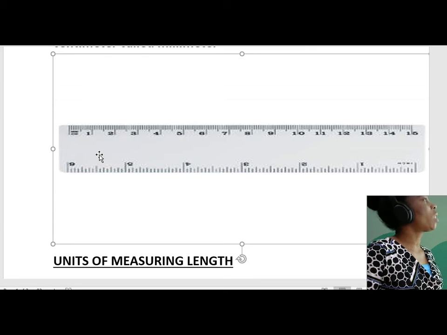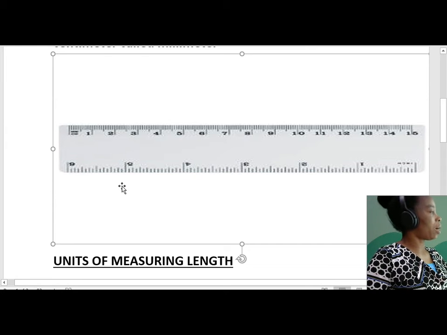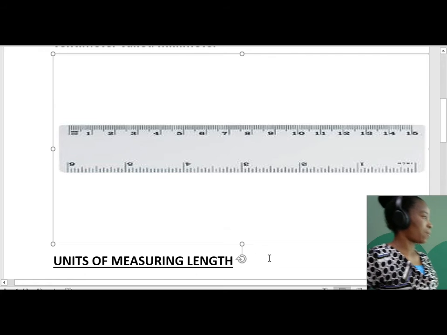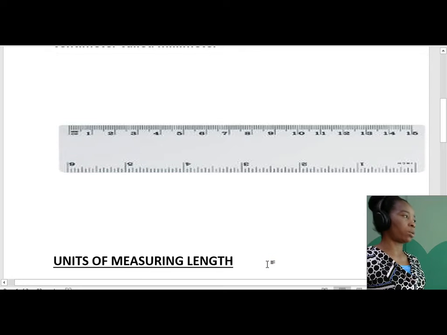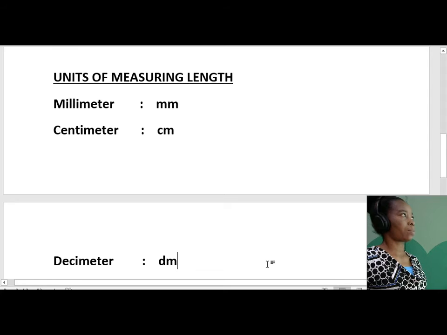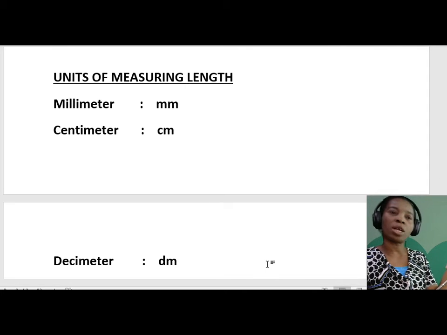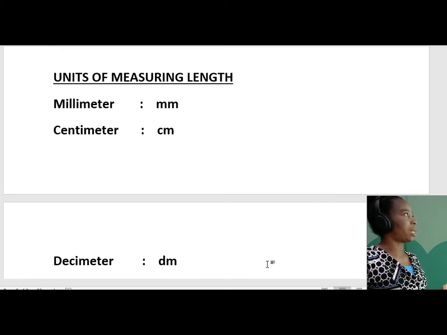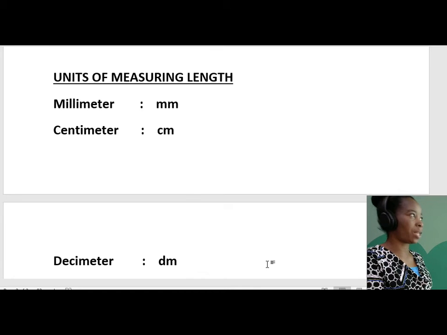Okay. So with this, we are going to take a look at the units of measuring length. Here we have what I call the smaller ones, which are called millimeters, and they are written as mm. Centimeter is written as what? Can I hear you there? cm.